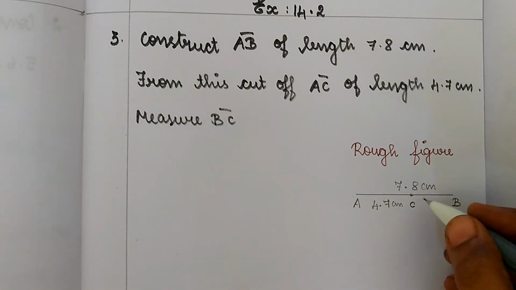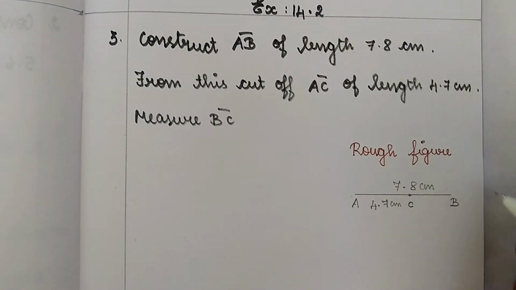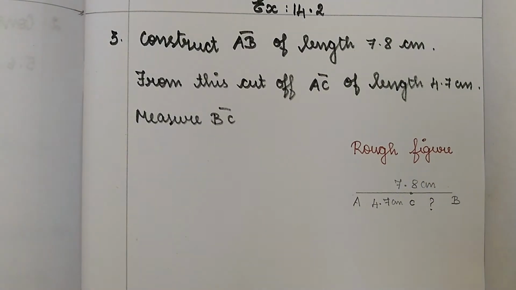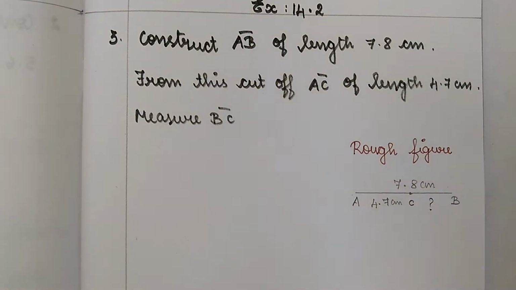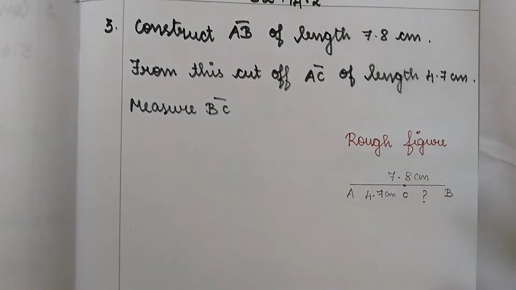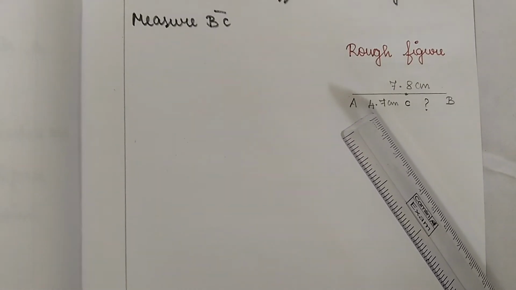Then we have to find the line segment BC. We have to find this value, that is X. Next we have to draw a main figure.